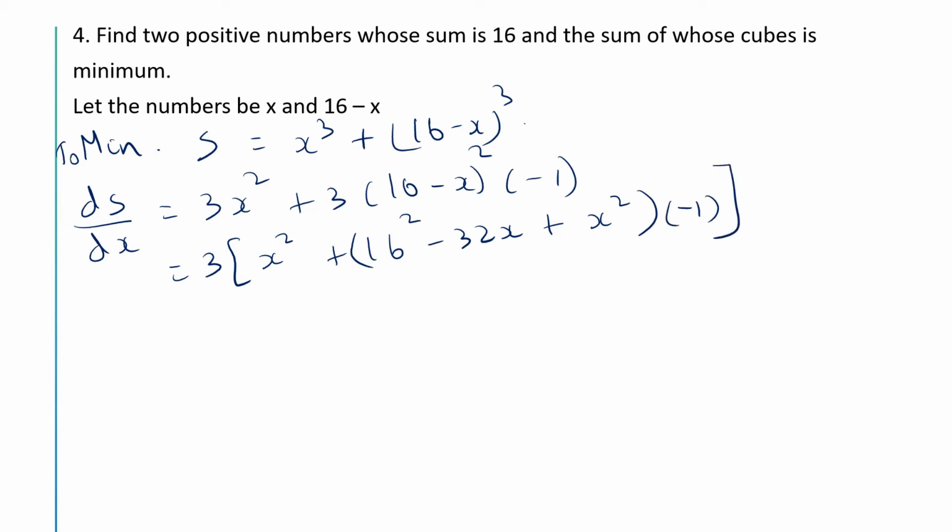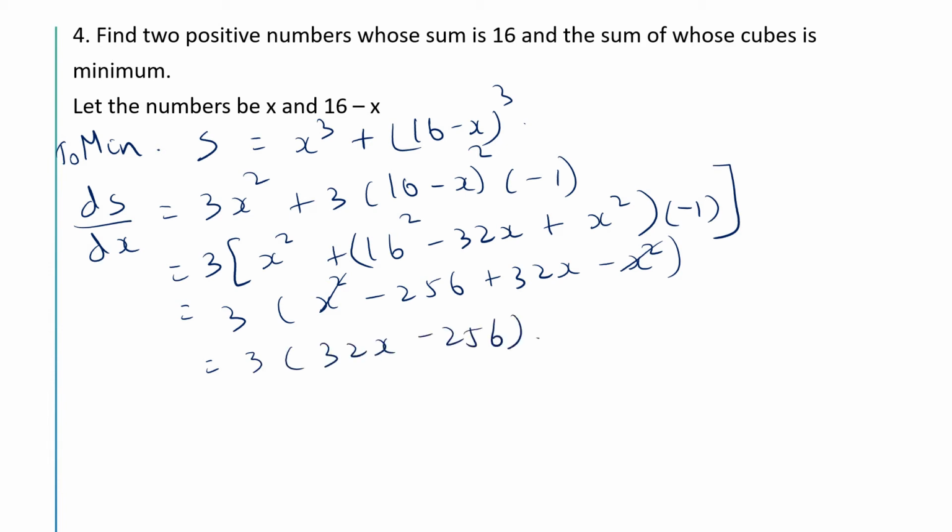Or this is equal to 3 into x square minus 256 plus 32x minus x square. So these two will go. Or this is equal to 3 into 32x minus 256.